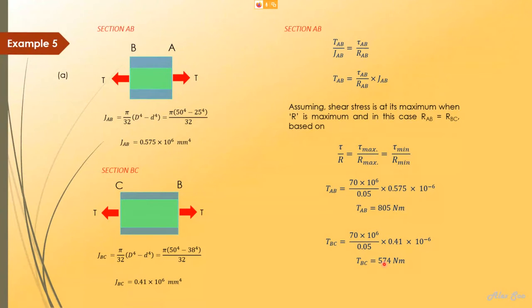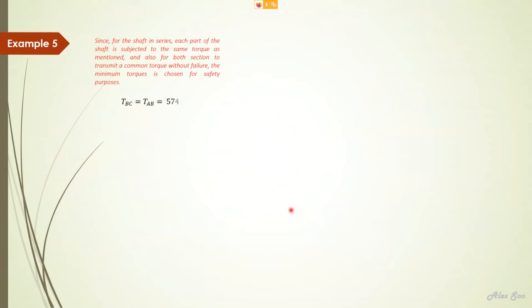First, we assume 574 to be the same for both. So we substitute the torque inside, because we are using the same formula, shear stress tau over R equals T over J. But this time we put in both torques and check out the shear stress, to see which shear stress will be safe.